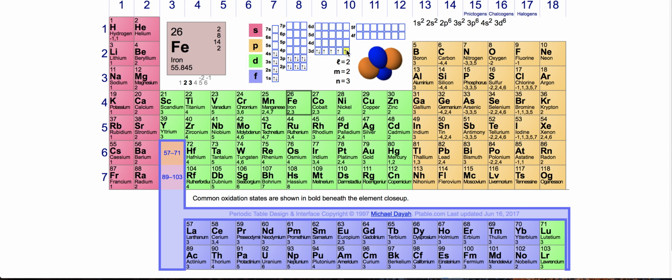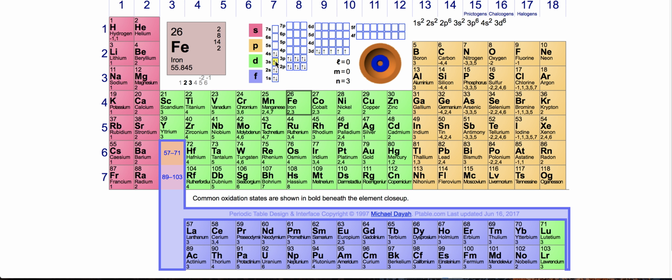And this weird looking deal over here, that picture right there is what the d orbital that electron is in looks like. If I go over here and click on these, it will just show a p orbital.